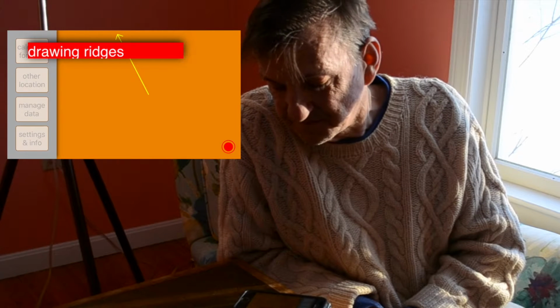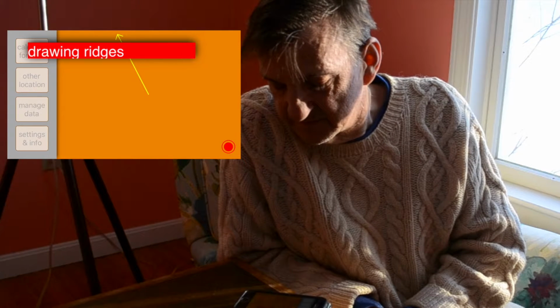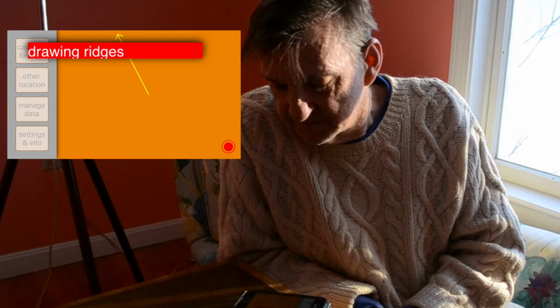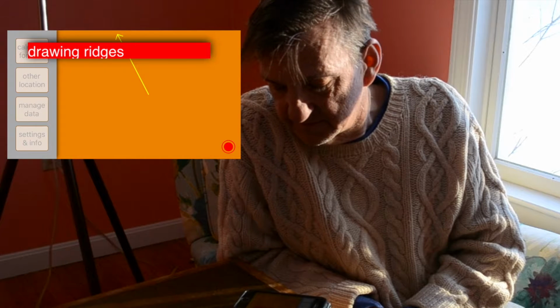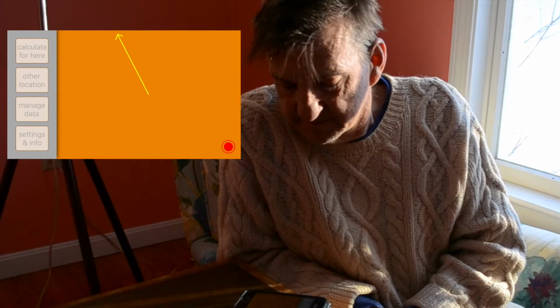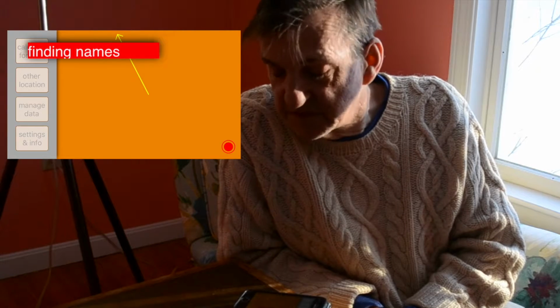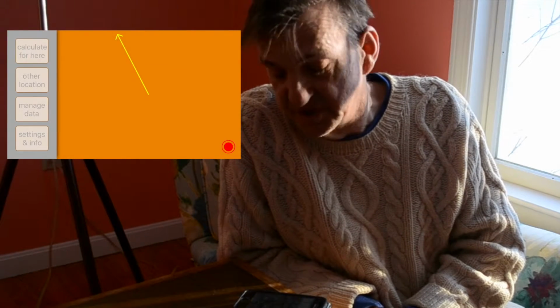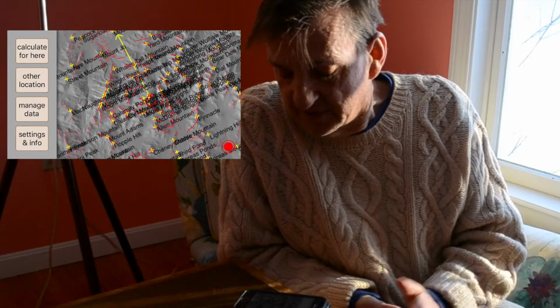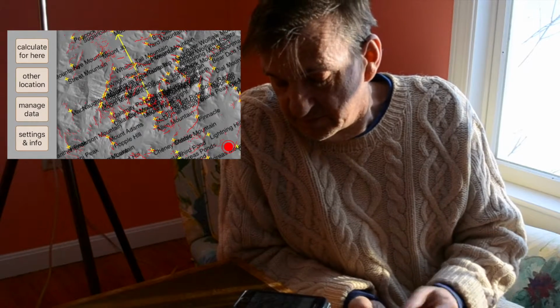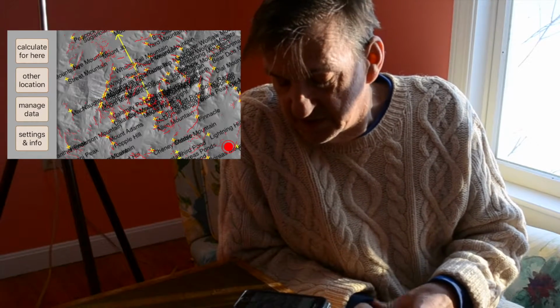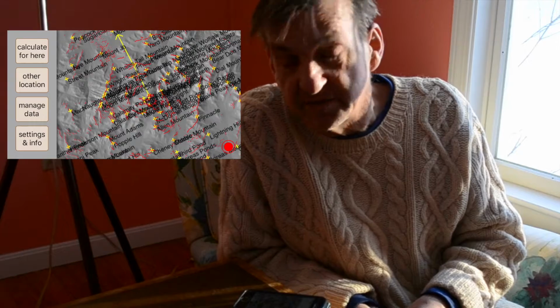Apparently the Adirondacks are a pretty complicated place to draw. Finding names, trying to put names on all those ridges and mountains. And there we are. Again, we have a map which is centered at Mount Marcy, showing all the peaks that we can see that have names.